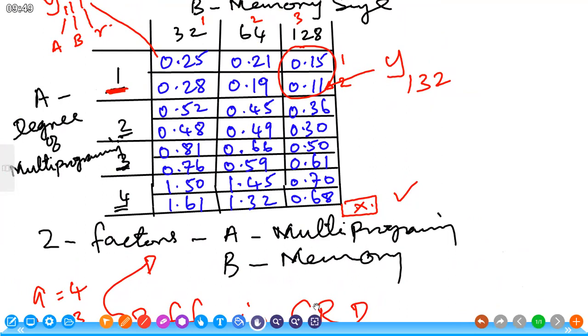Add all the values in the first level of A effect and first level of B effect. For example, in our example, what is that value?